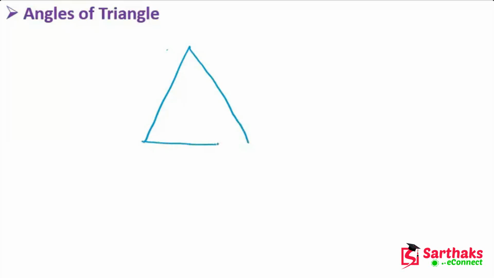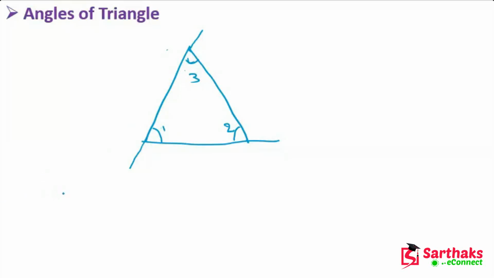These angles are formed by two sides of the triangle which meet at a common point, known as the vertex. This is angle 1, this is 2 and this is 3. These three angles are called interior angles.